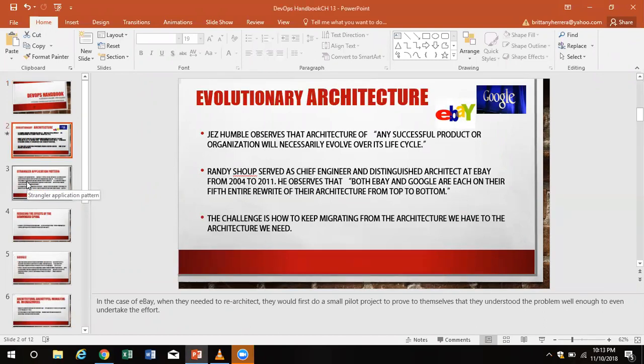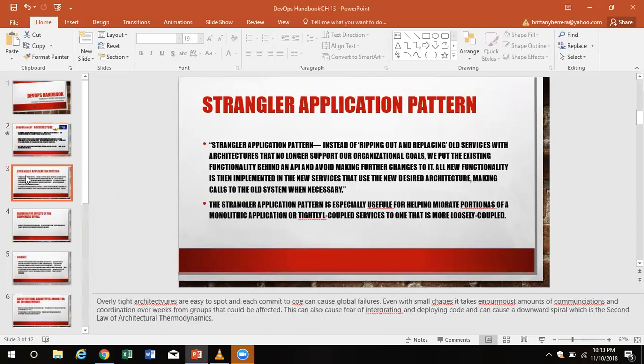In the case of eBay, when they needed to re-architect, they would first do a small pilot project to prove to themselves they understood the problem well enough to undertake the effort. I think this is a good example of how to implement this.